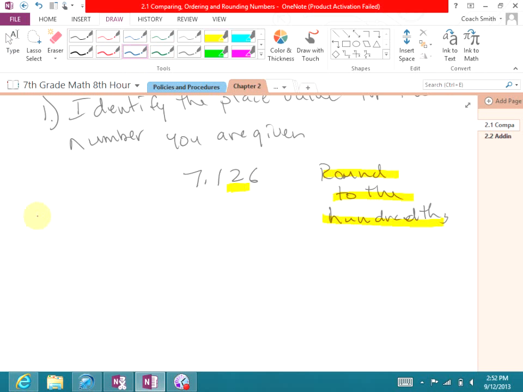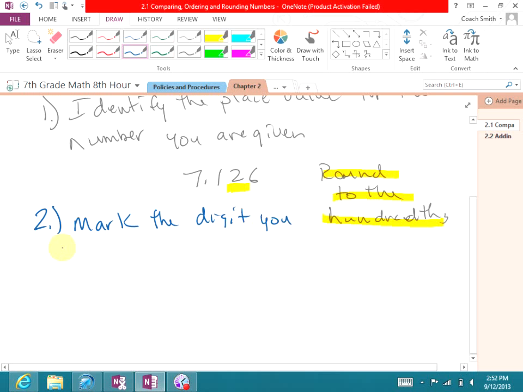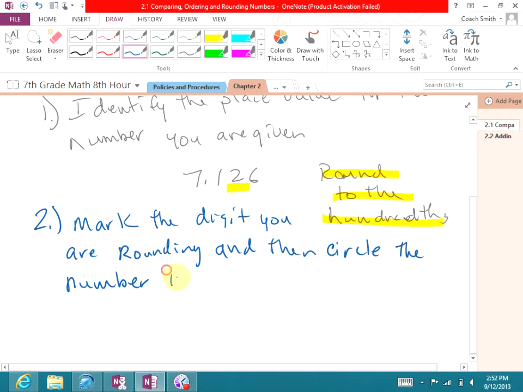So step 2 is mark the digit you are rounding to, and then circle the number immediately to the right.